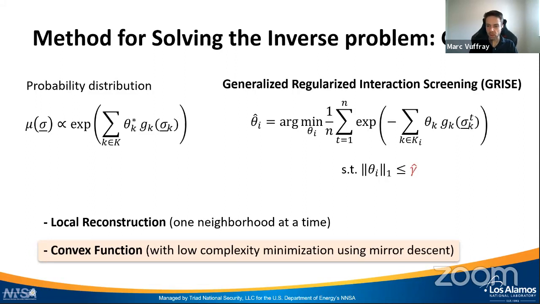So why does this loss work? It's kind of magical, but in the infinite sample regime, where you can replace the empirical expectation by the true expectation, you can see that the gradient of this function is equal to 0 when the thetas are equal to the true thetas. So it's asymptotically consistent.